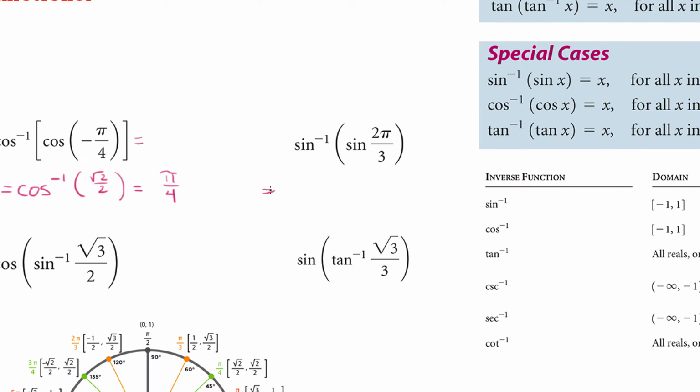So this becomes sine inverse of radical 3 over 2, which equals pi over 3. Notice that they're not equal in terms of angles, but they're equal in terms of the evaluation of them. Okay, so let's continue.